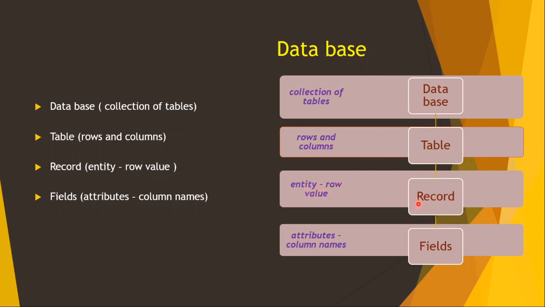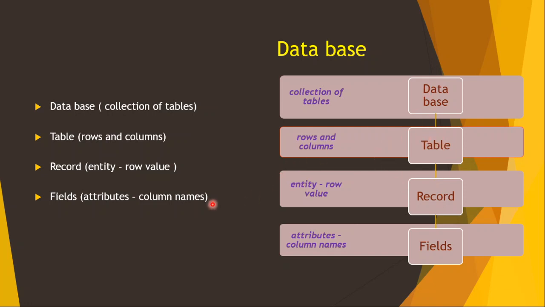And what is a column? That is the field, the attribute names. Coming from bottom to top, you have a hierarchy. A collection of fields makes one record, a collection of records makes one table, and a collection of tables makes a database.